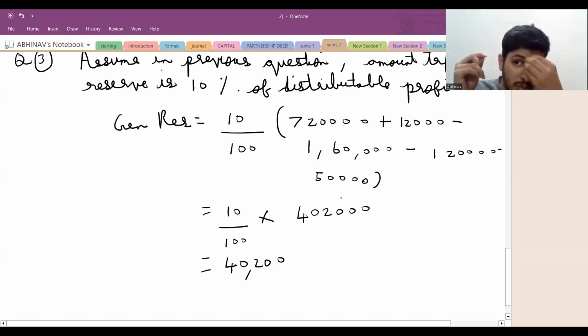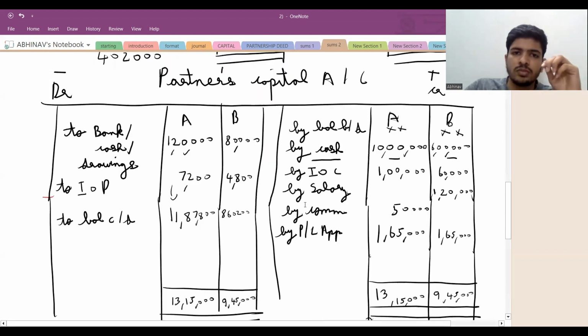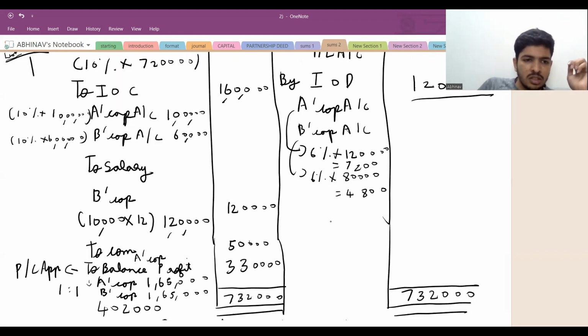Now, what does this actually mean? What is distributable profit and why did I use this formula? Distributable profit actually means this. Balance profit to be distributed among partners is called distributable profit.